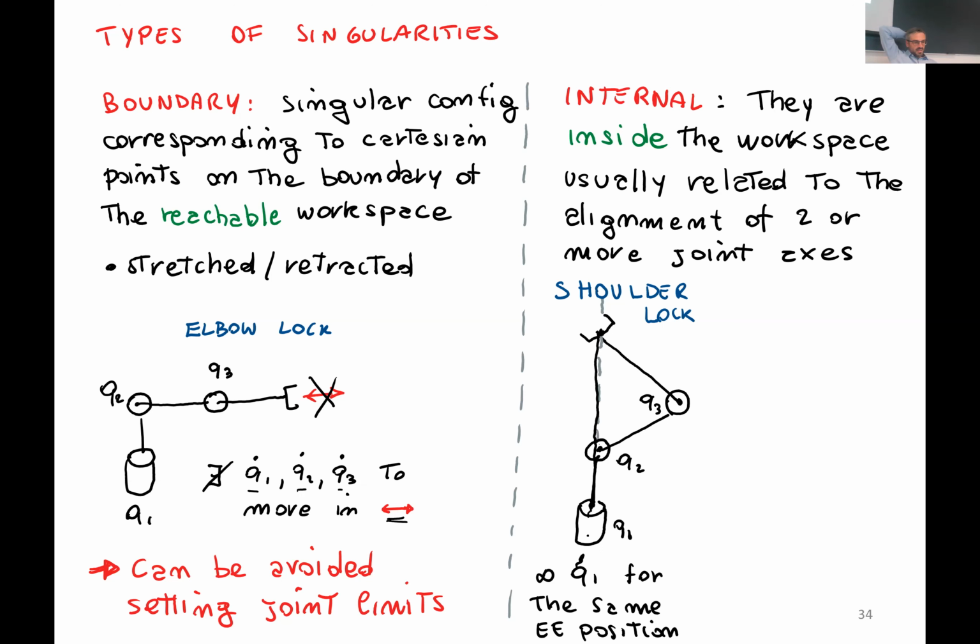In essence, you cannot have a unique q1 that corresponds to that configuration. So in this case, shoulder lock is a singularity at the position level.